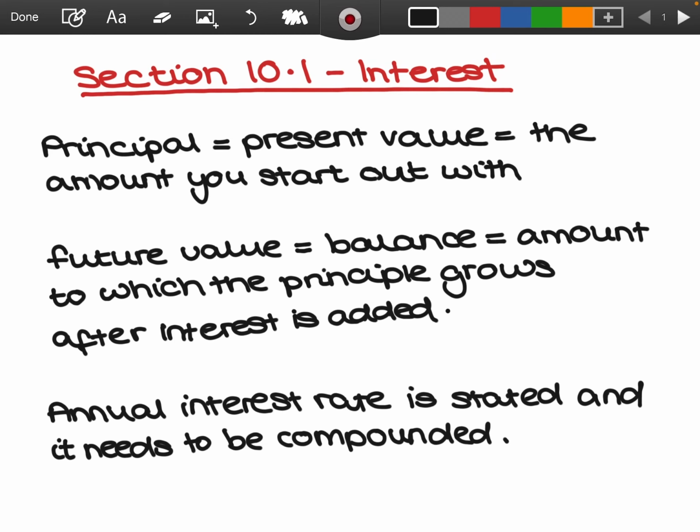So depending on how the question is worded, it depends on, when we look at compound interest, how many times it will be applied each year.